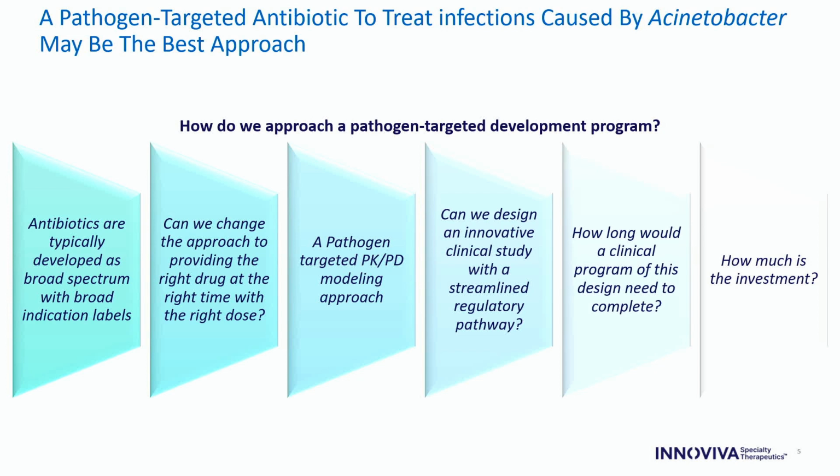It's a very innovative approach to antimicrobial development. You're looking at PK/PD modeling in a very different way, where you're targeting a specific bug and you're dialing in what's the exposure I need to kill that bug. Can you develop an innovative clinical study with a really streamlined regulatory pathway? How long would a clinical study like this take? Nobody knew.